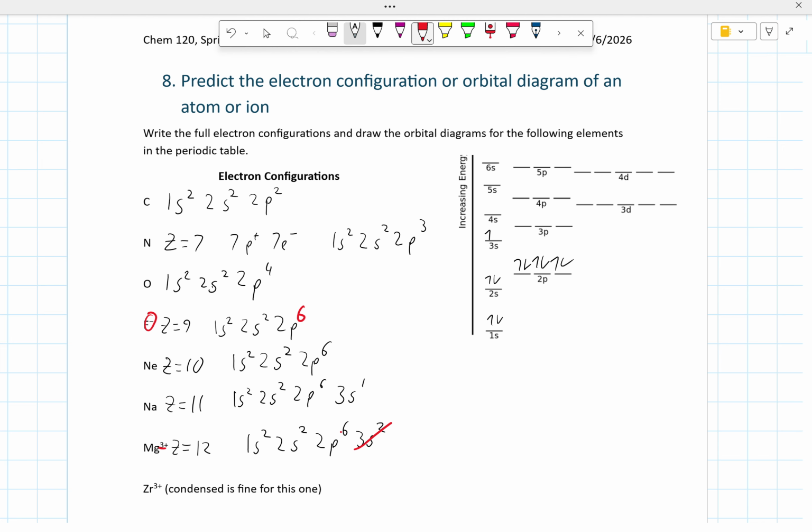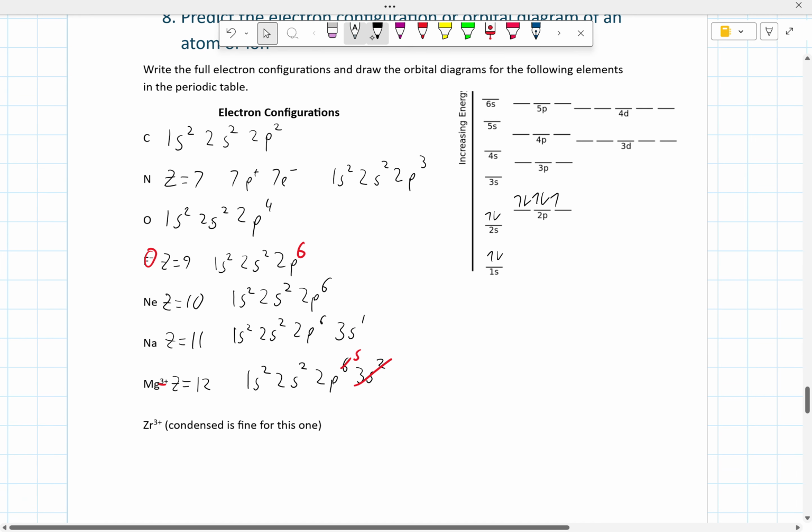That's 2 of these and 1 of those. So that my magnesium 3+ configuration is 2 electrons in the 1s, 2 in the 2s, and then 5 in my 2p.